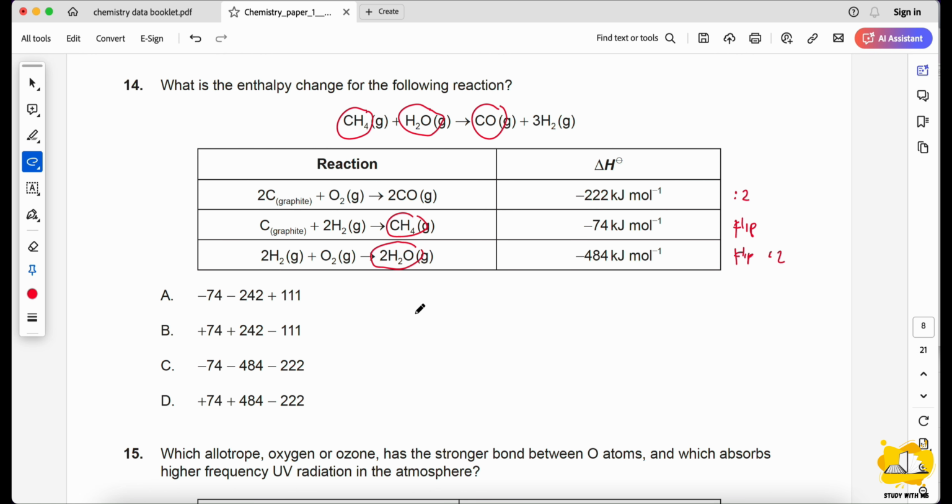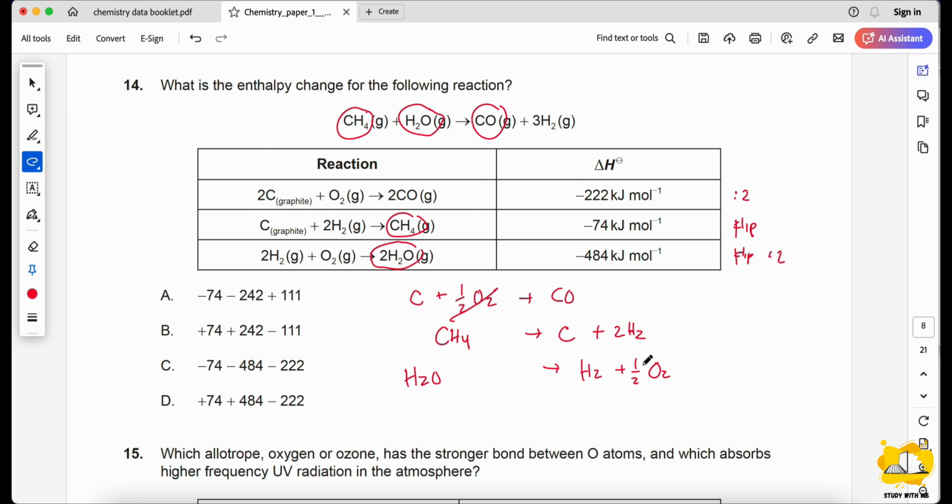So let's write this reaction back down. Because it's divided by 2, it will be C and half O2 producing CO. This we need to flip, so CH4 will be right here producing C plus 2H2. And this we need to flip and divide by 2, so it will be H2O producing H2 and half O2.